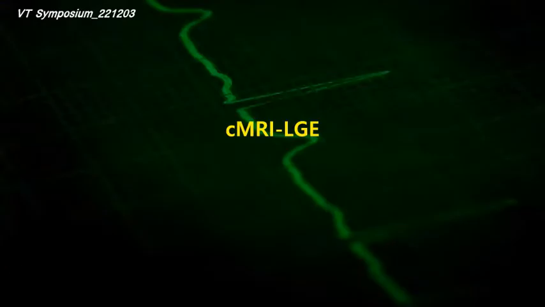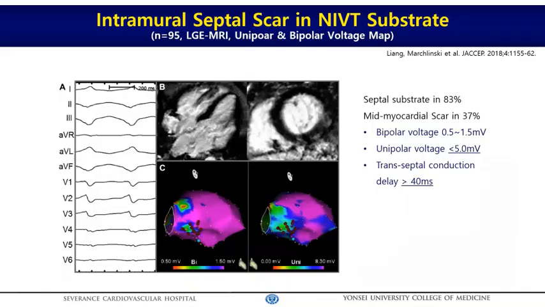Then what's the role of cardiac MR in intramural VT map? Markowitz group reported cardiac MRI provides 83% septal substrate and 37% mid-myocardial scar in patients with non-ischemic VT. They suggest the importance of transseptal conduction delay in addition to low bipolar and unipolar voltage.